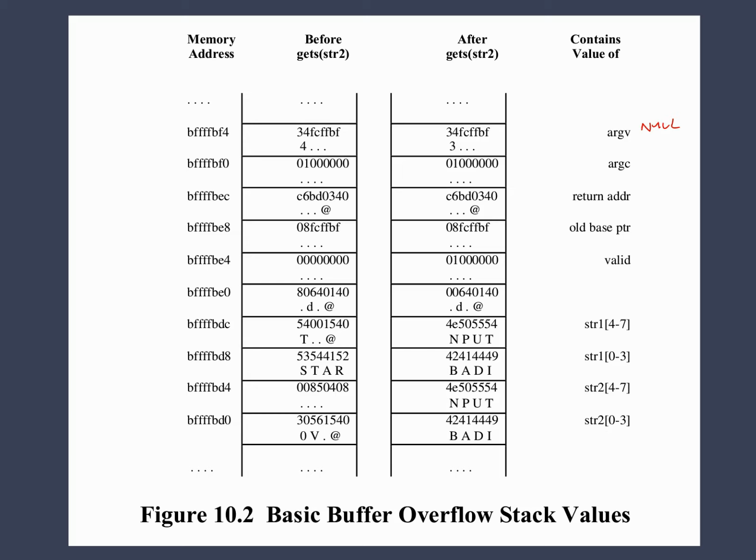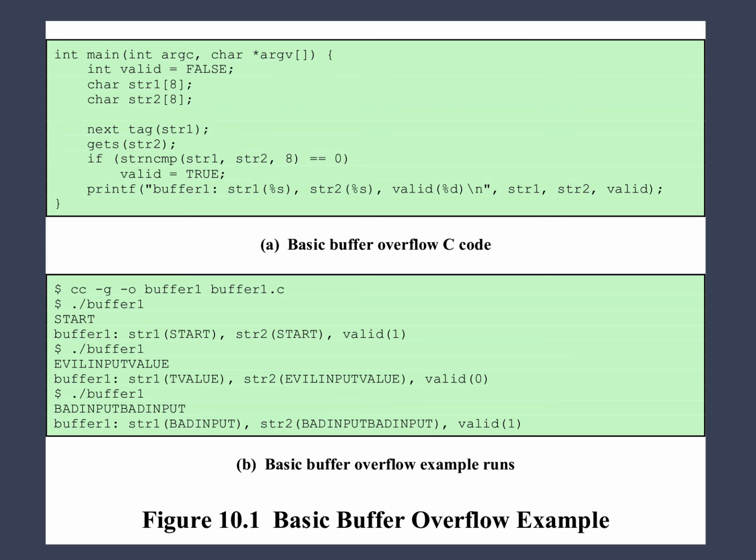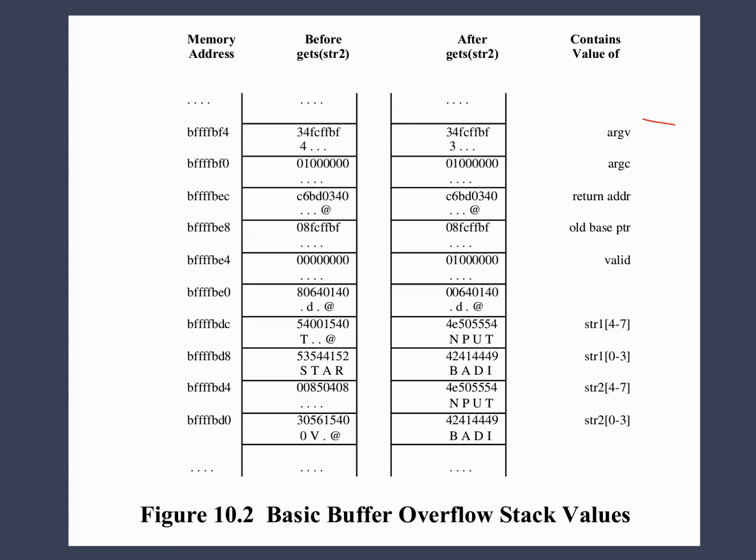And the argc value is just next to this memory location, and this is the number of arguments. The only argument is the program name itself. So the argv value will be the name of this program, not null. I'm correcting myself, this is buffer1 because every program has at least one argv value.